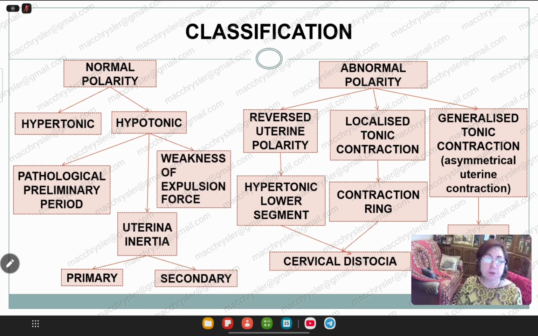And additionally, with normal uterine polarity, we have weakness of expulsive force. If all that I took before was associated with the first stage of labor, expulsive force is the moment when we have the second stage of labor.